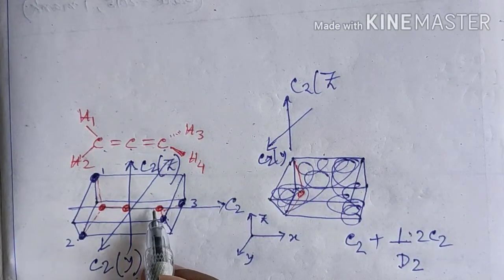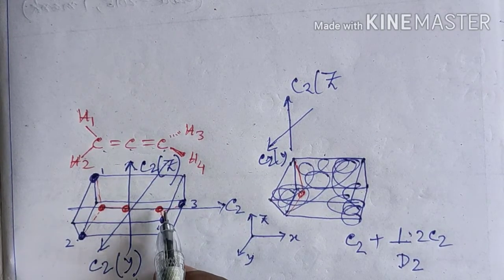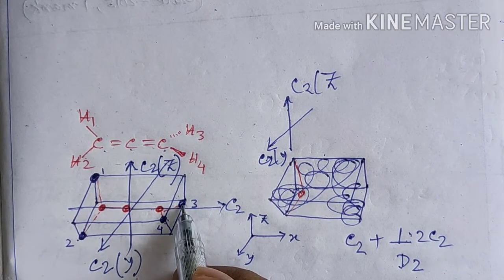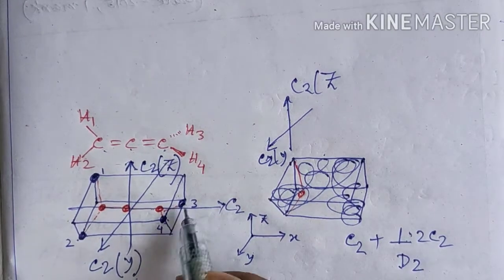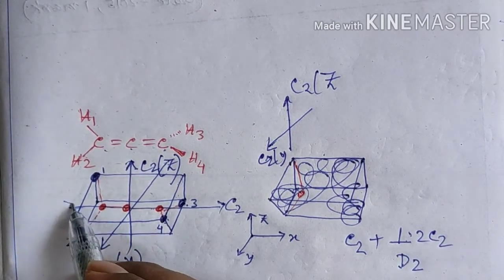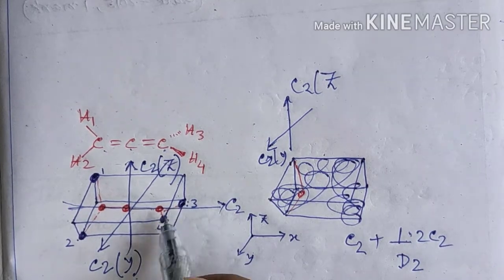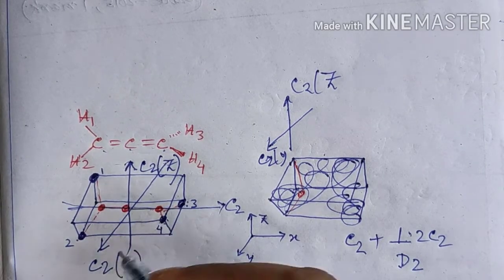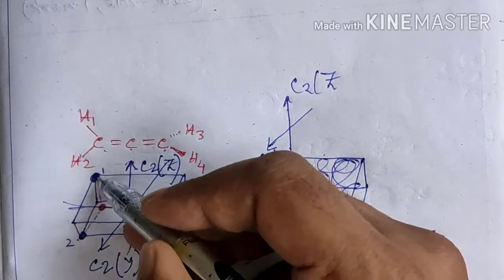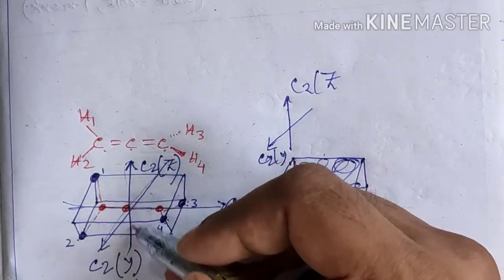If we see carefully, we can see that there are two sigma d planes. One sigma d plane will contain these 3 and 4 hydrogens and will pass along this, containing these 2 hydrogens and these 3 carbon atoms, and will bisect the angle between these two C2 axes.